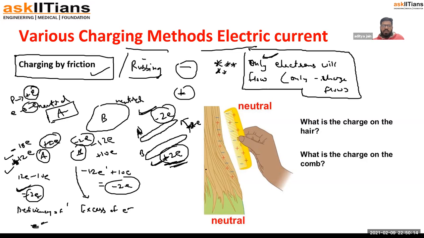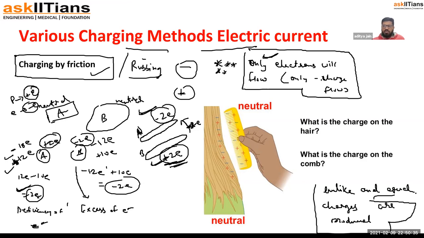So one conclusion is that during friction or rubbing, unlike and equal charges are produced. Unlike means opposite, and equal means equal magnitude. So in the process of friction or rubbing, unlike and equal charges are produced on both the bodies.